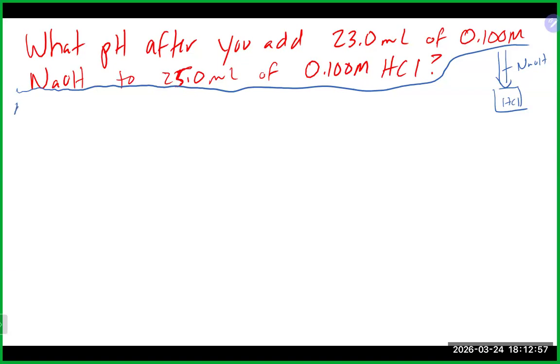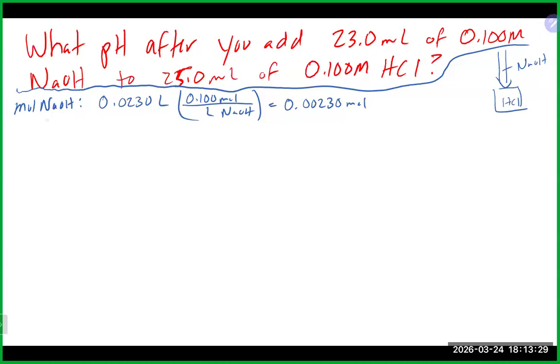Our moles of sodium hydroxide, got to convert our volume into liters: 0.023 liters times the molarity of our base, 0.1 moles per liter. That's going to get us 0.0023 moles.